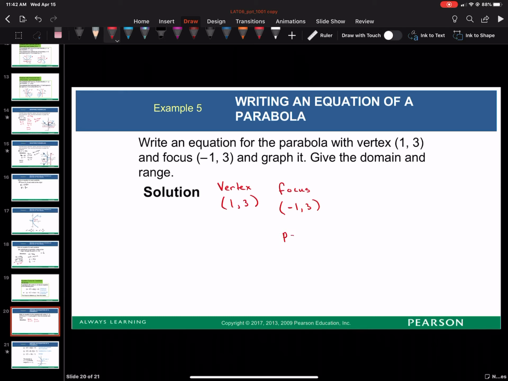When we find the distance between the two, we will have p is equal to -1 minus 1.